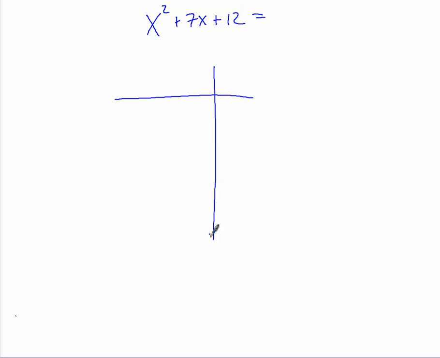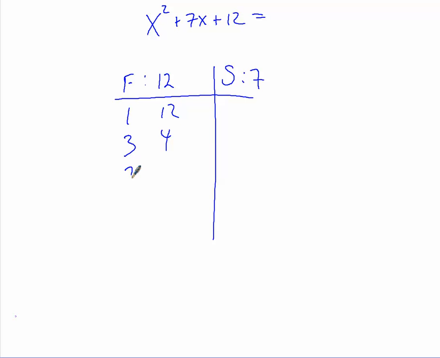So what goes here? Factors of 12. It's 7. Okay, someone give me factors of 12. Margot? 1 and 12. Give me another set of factors. Stella? 3 and 4. Give me another one. 2, 6.